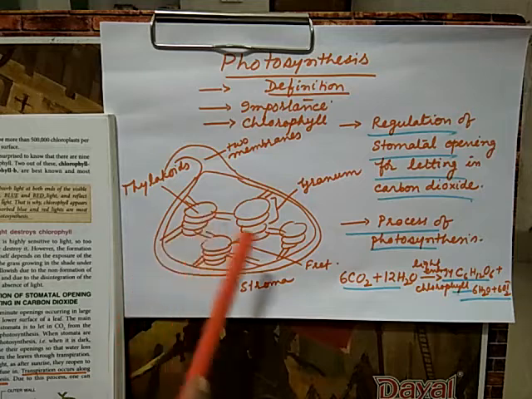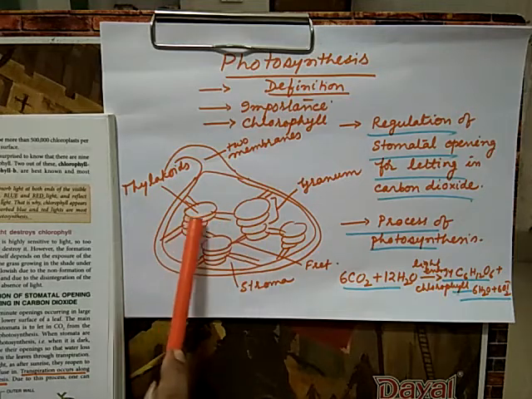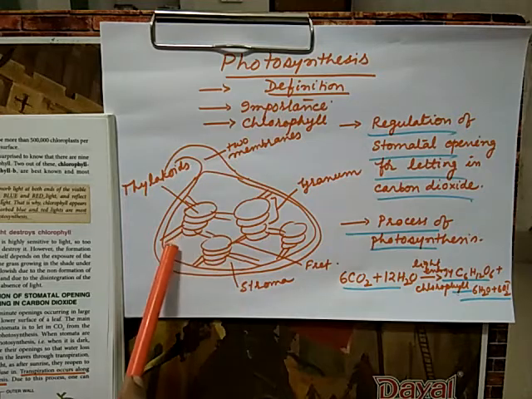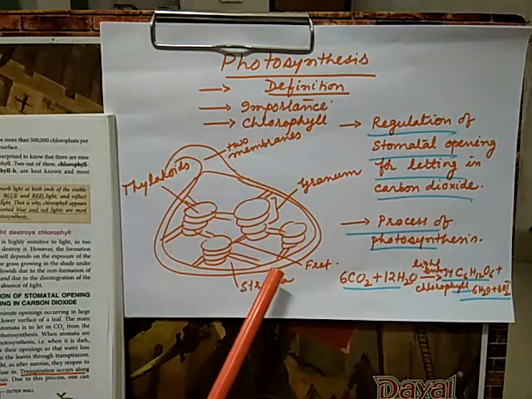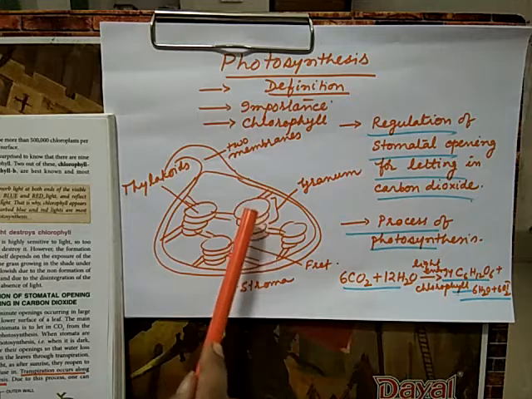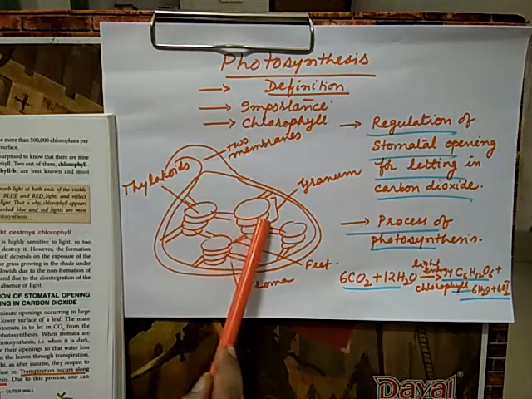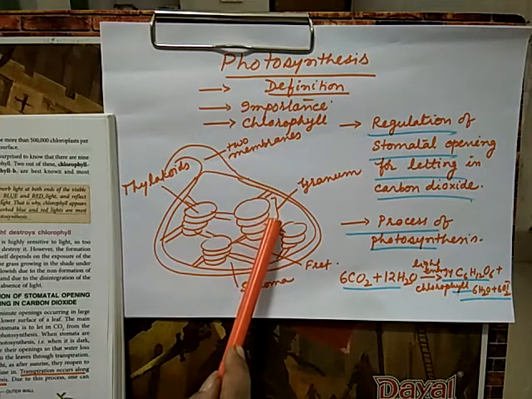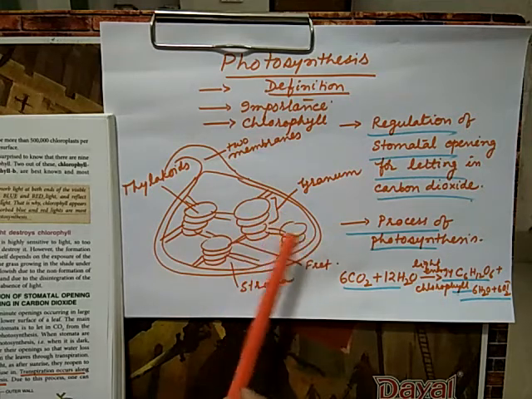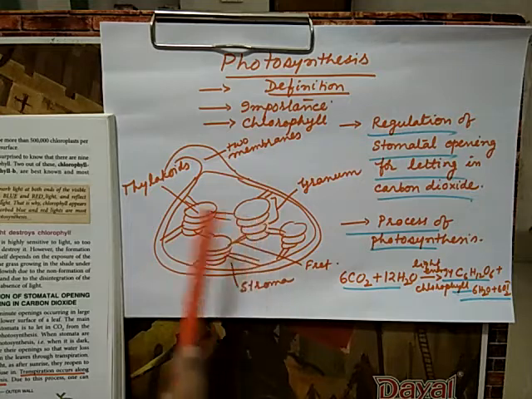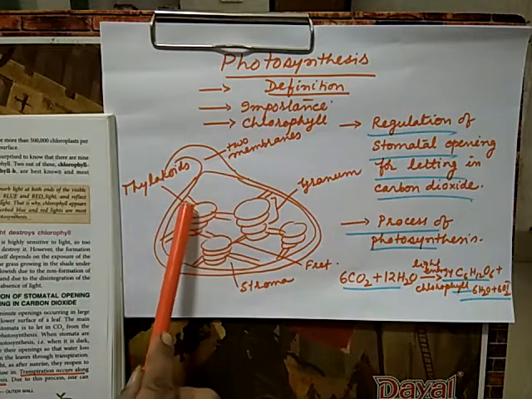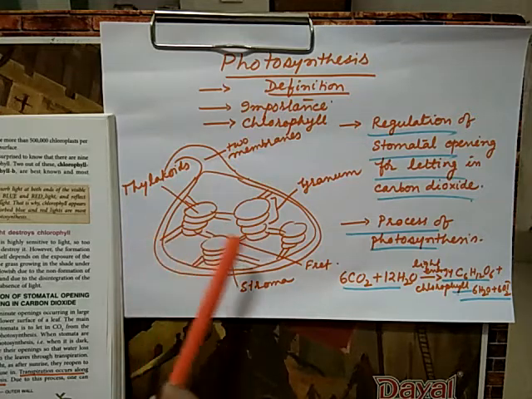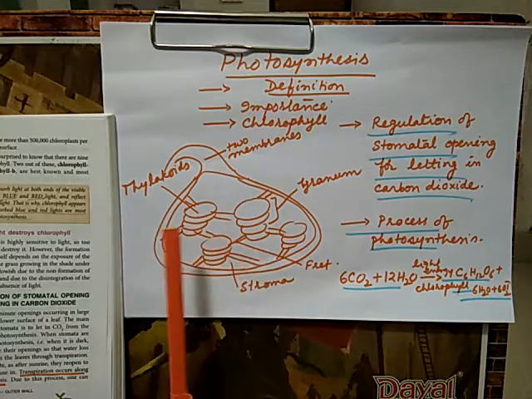Inside there are flattened sac-like structures known as thylakoids, and the ground substance is known as the stroma. Each pile of thylakoids is known as the grana, and singular is called a granum. The pigment chlorophyll is present in the walls of the thylakoids, and it is composed of carbon, hydrogen, oxygen, nitrogen and magnesium.